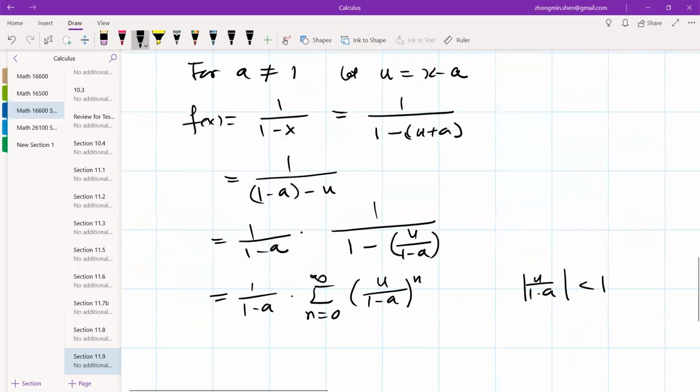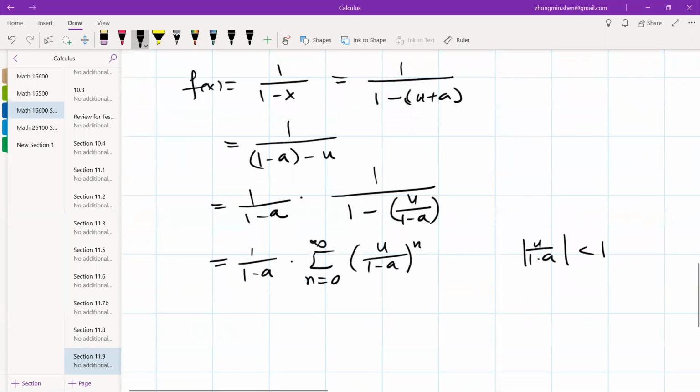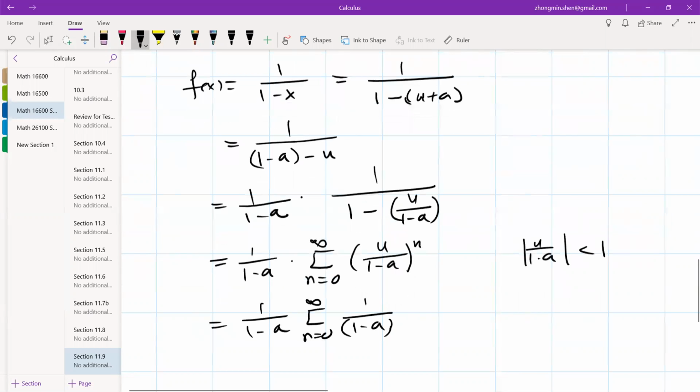As long as this piece is smaller than 1, then what do you get? You will get this, and here |u| is less than |1 minus a|.